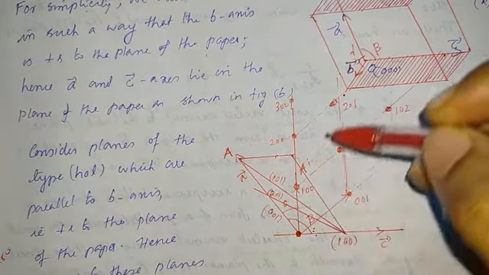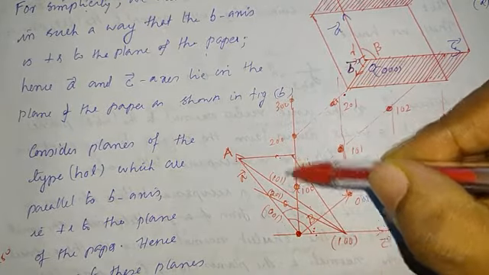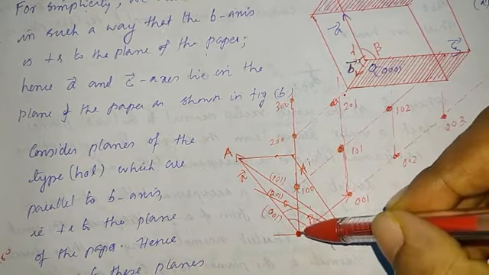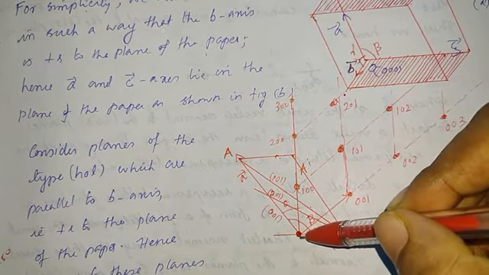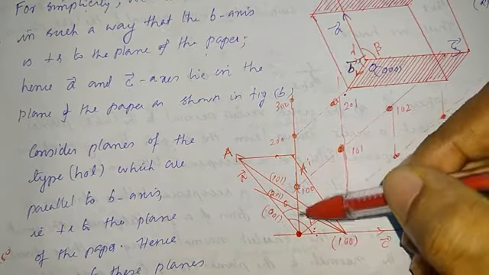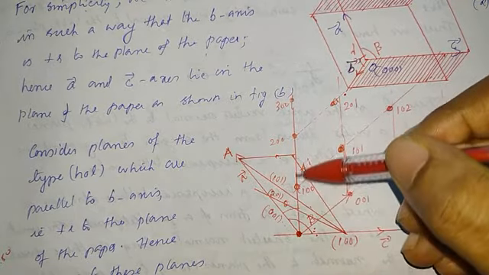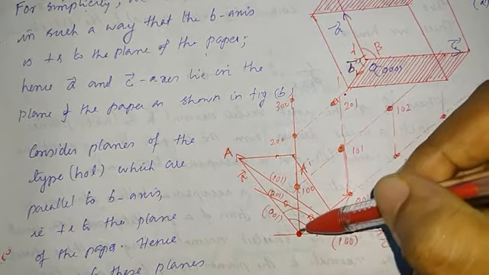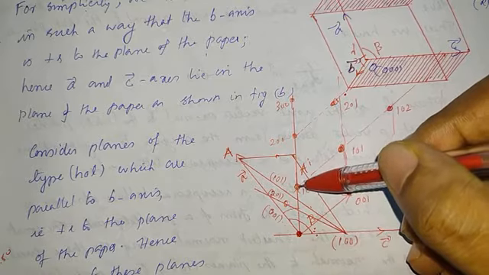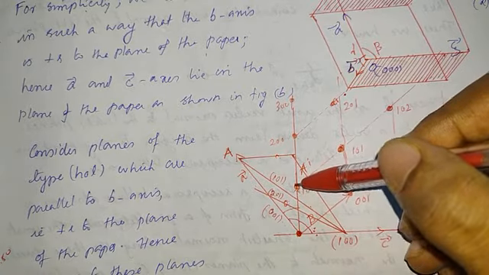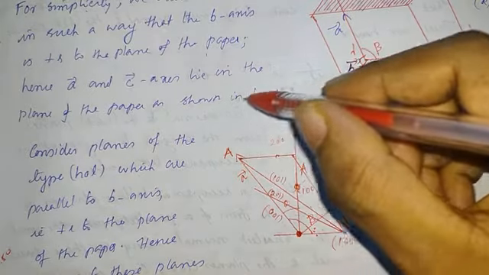These are parallel planes, and for them we draw a normal to these planes. We have chosen this point as origin, and we draw the normal to these planes with length equal to the reciprocal of this interplanar distance. So this will end up here. This is the end point, and again there may be a set of parallel planes here.